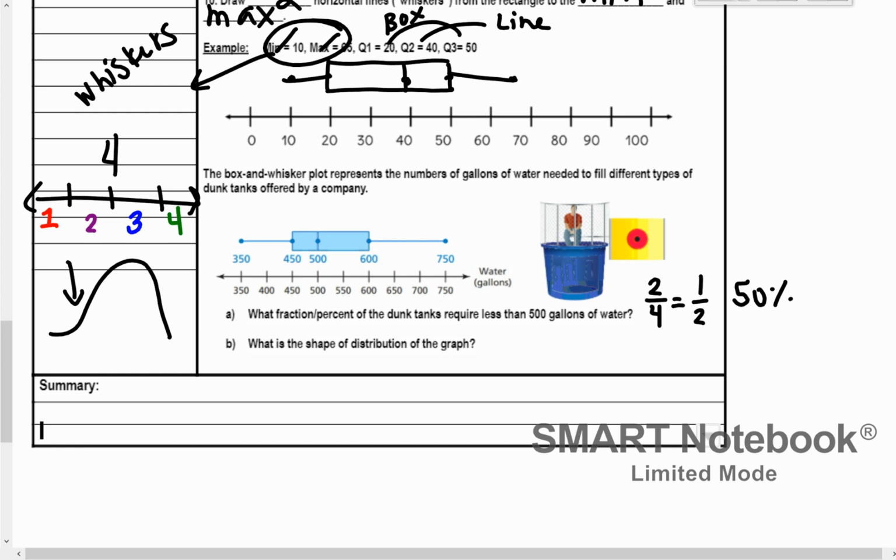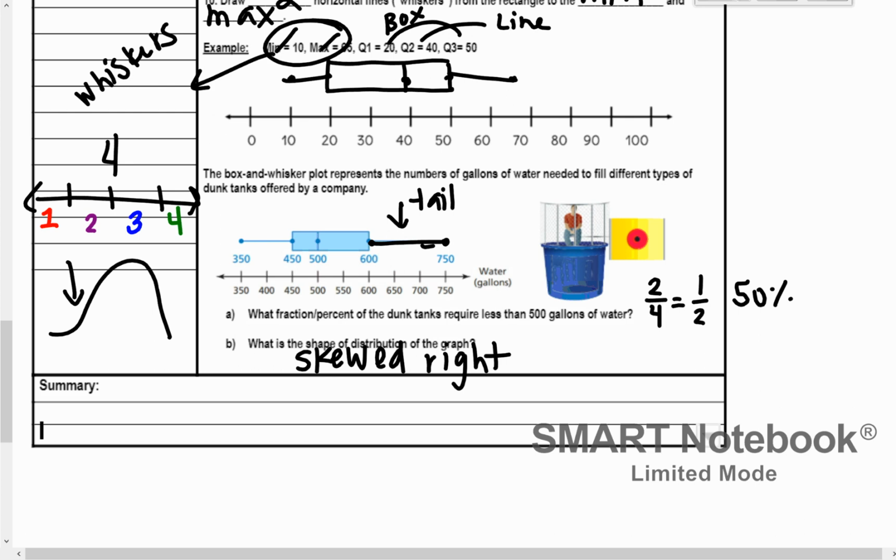The tail is going to be the whisker that's the longest. Notice how this whisker is a little bit longer than this one. So this is going to be our tail, and it's going to be skewed to whatever side that tail is on. So this is going to be skewed right. Now this is just a little bit longer, so you could also say slightly skewed right, and I would accept that.